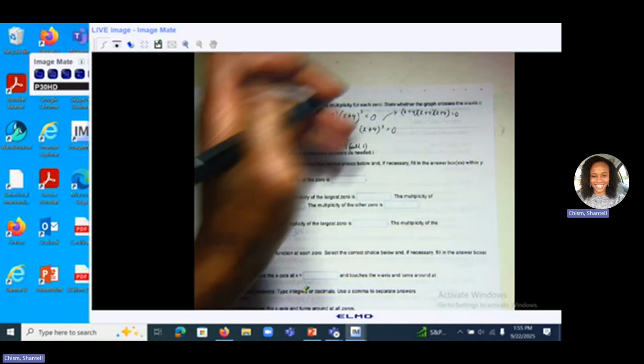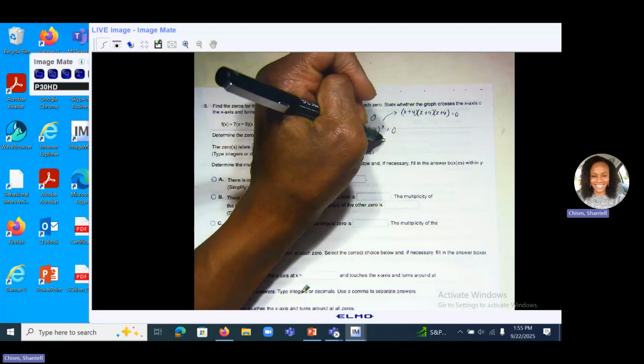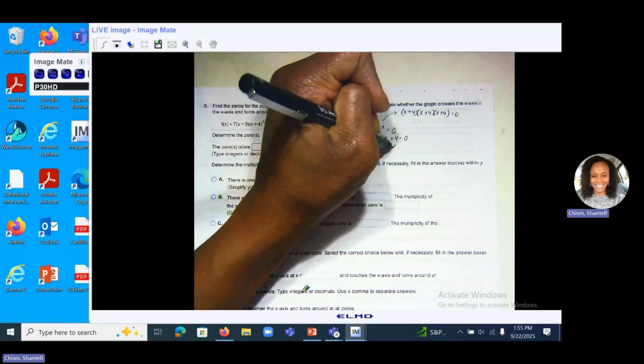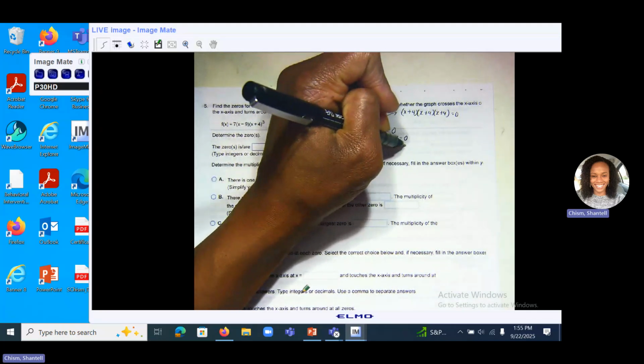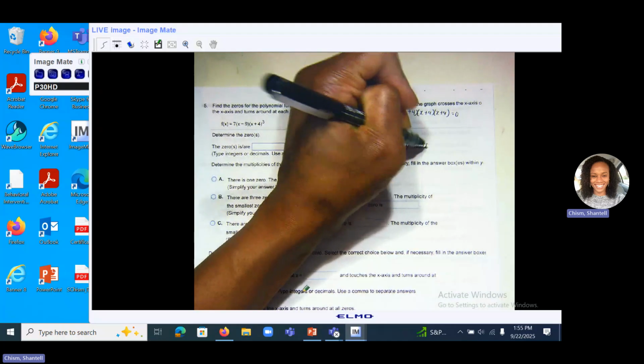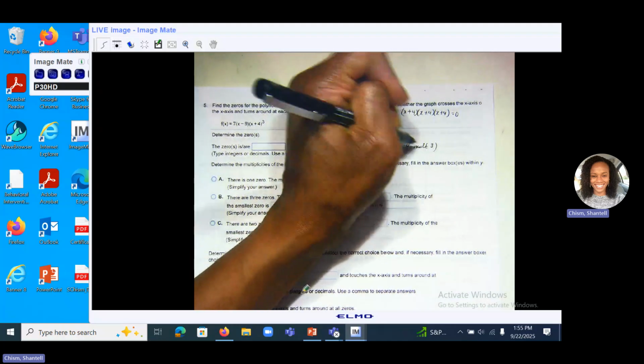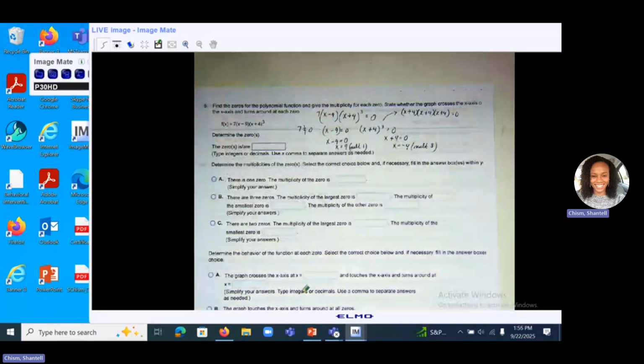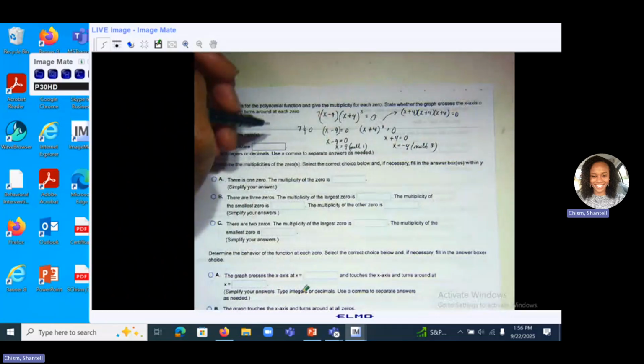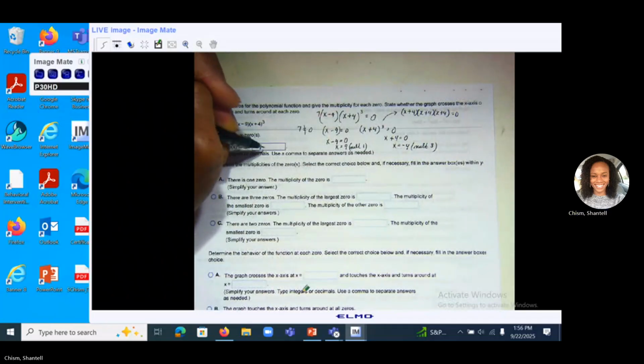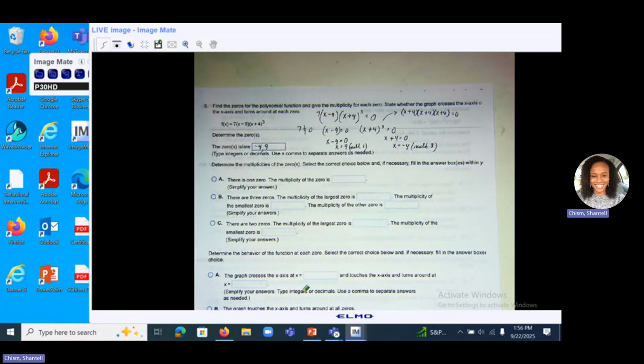So all we'll do is we'll just simply drop the cube and just solve that. X equals a negative 4, but we'll make sure that we state that it has a multiplicity of 3. Okay? So the zeros are negative 4 and 9. Okay? Negative 4 and 9.